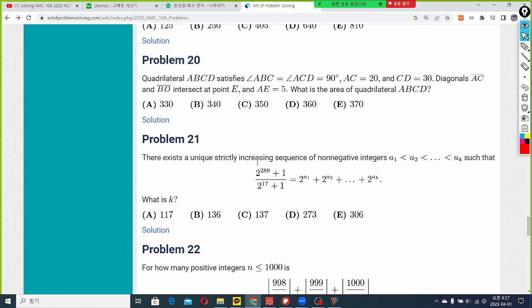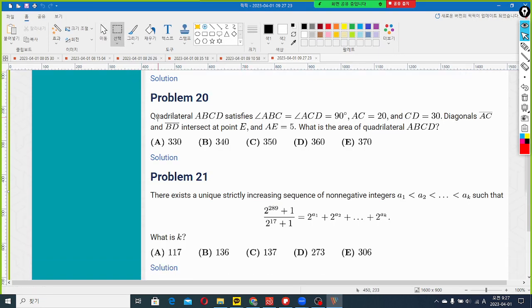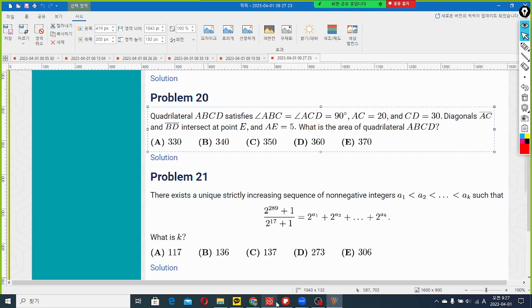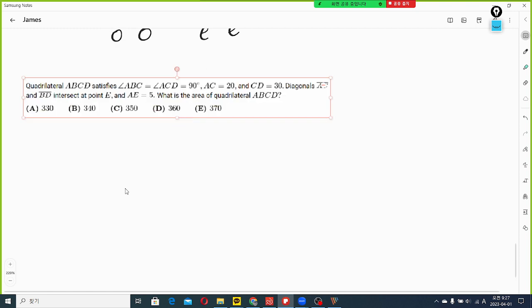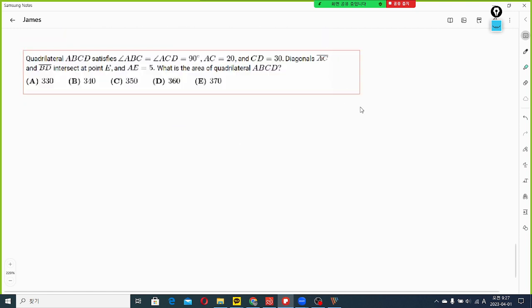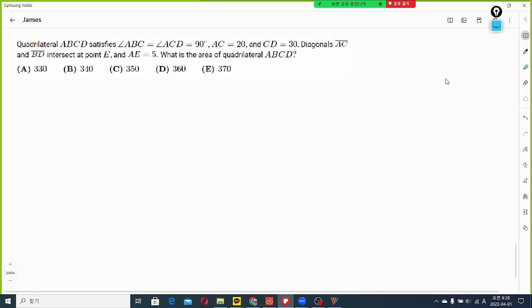And let's see number 20. So let's make a diagram for this figure. I'm going to use coordinates. So let's make B located at the origin.